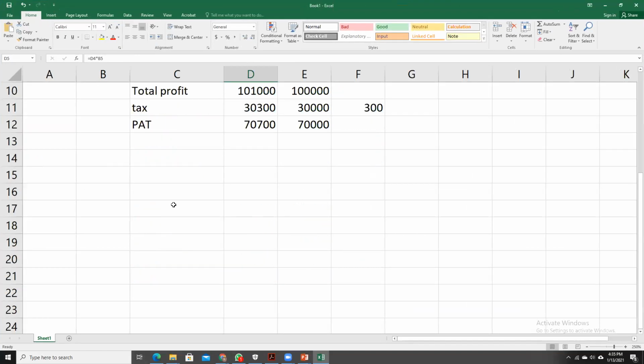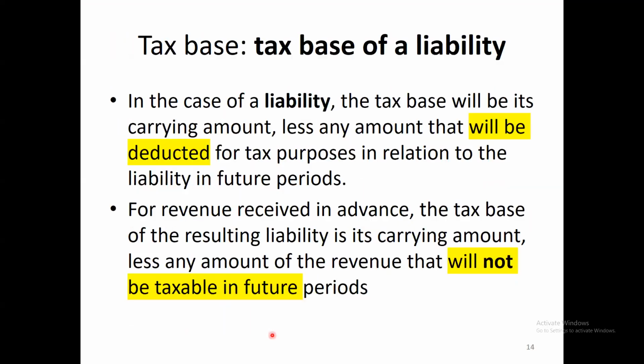So we know the tax base of a liability equals carrying amount minus any amount that will be deducted for tax purposes in the future period.